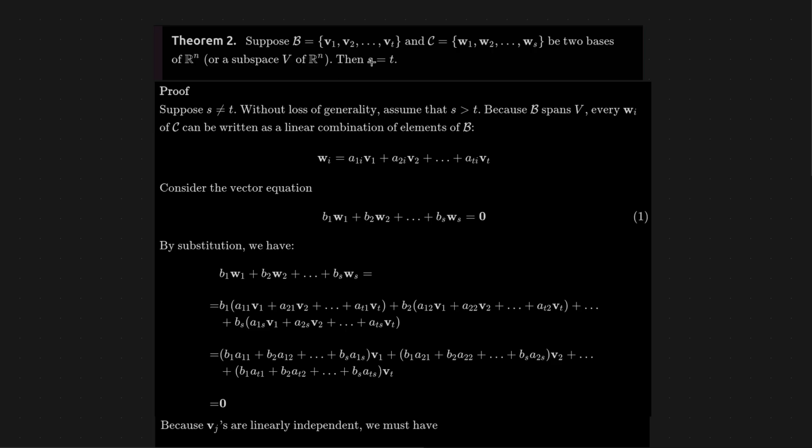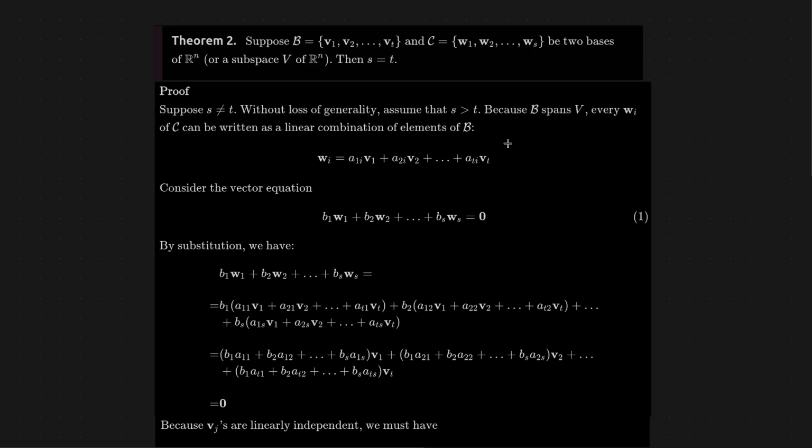Here's the punchline, though. If you have two bases for the same subspace, they will always have the same number of vectors. So a basis for a plane will always consist of two vectors.